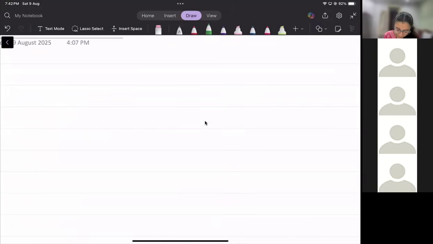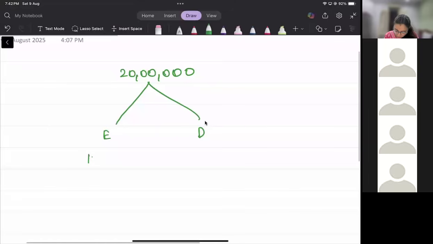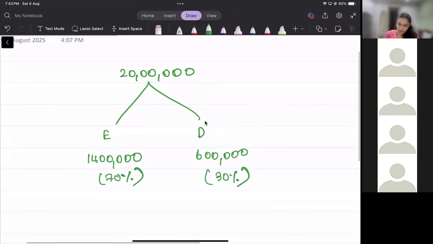Shall we start? First, I'll draw a rough figure. See, 20 lakh is the amount they need, of which they have clearly given the equity and debt ratio. How much is given? How much is equity? Yes, equity is 14 lakh, 70 percent, and debt is 6 lakh, 30 percent.